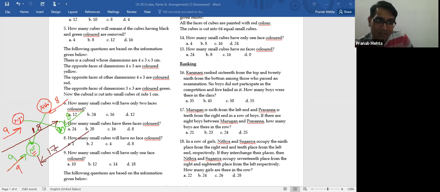Total number of people is 17 plus 9. You have understood why: this person's position is 17, so even he is included there. So 17 plus 9 is 26.